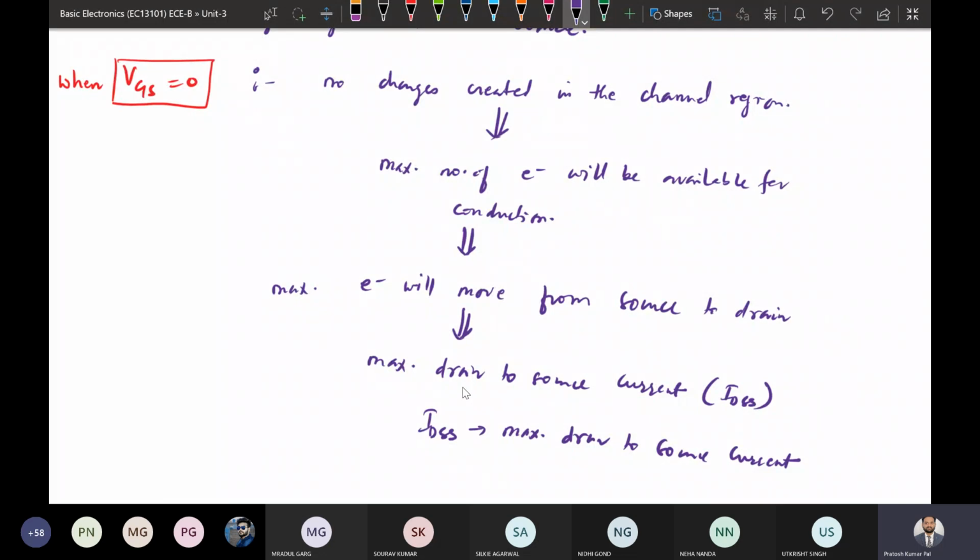We already know the value IDSS. So IDSS will be flowing when we apply gate to source voltage equal to 0.